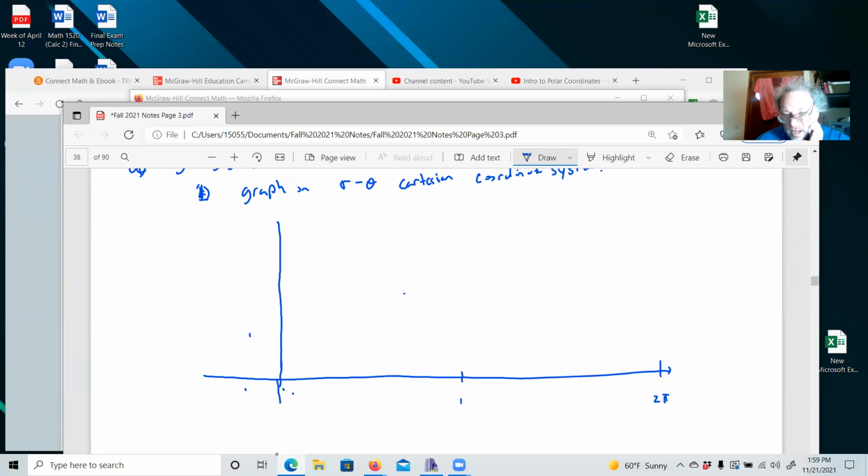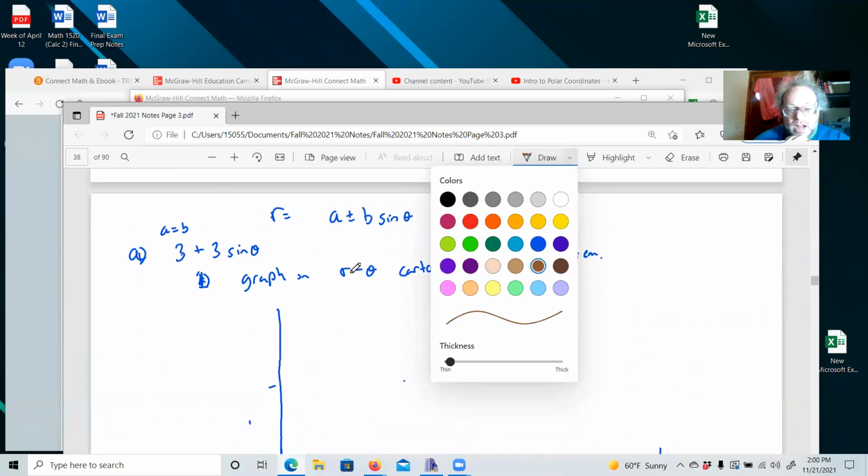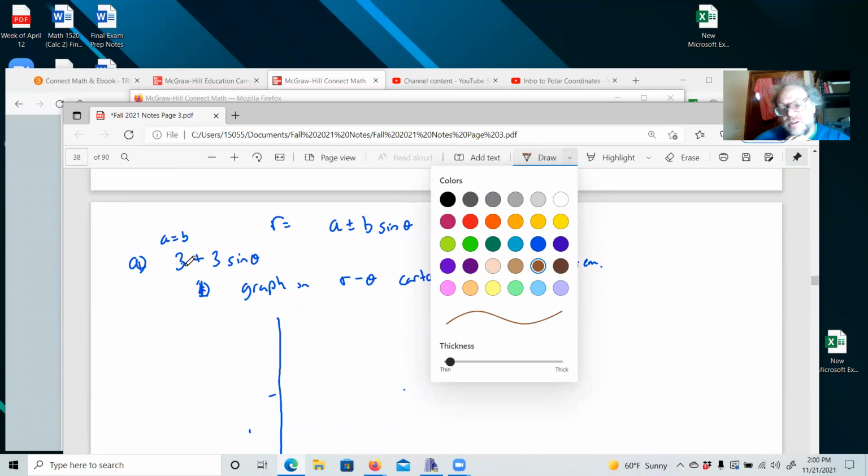This is pi, this is pi over 2, and this is 3 pi over 2. Now, even though this is my x equals 0, or r equals 0 in this case, what I'd recommend is we draw in a little dotted line here of my actual axis, because going back to college algebra, this 3 is a vertical shift.